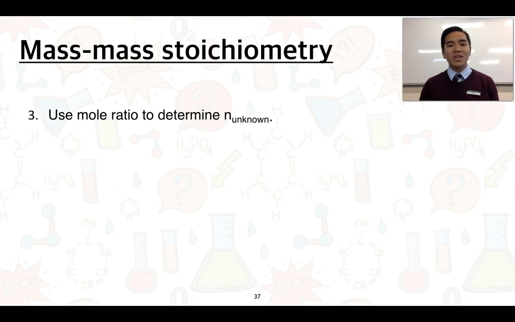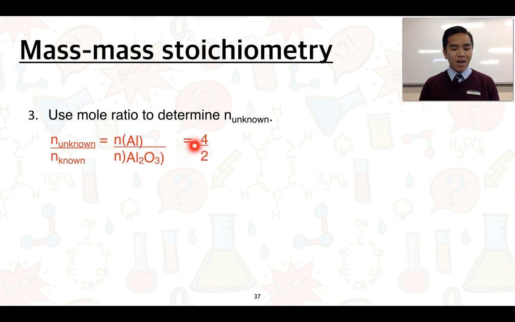Step 3, we now need to use mole ratios to determine the number of moles of our unknown. So this is going to use those coefficients in the balanced equation. Our unknown is going to be aluminium. Our known, we already know, is aluminium oxide. So what we can see now is this ratio, or in other words, this fraction, is the other way around.